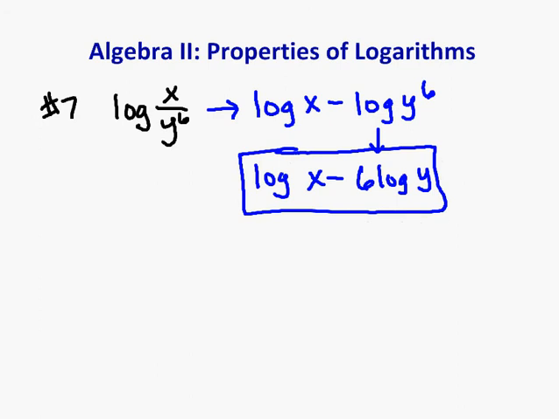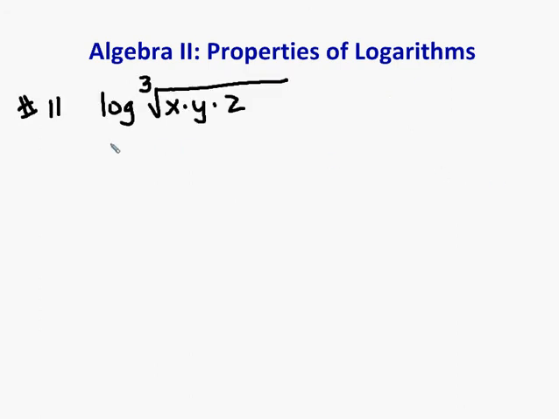Okay, let's take another problem that might be a little bit more difficult. Number 11 from your homework. This is log of the cubed root of x times y times z. So I'm going to use, again, the power property and also the product property. So let's rewrite this first in terms of, actually in exponential form.